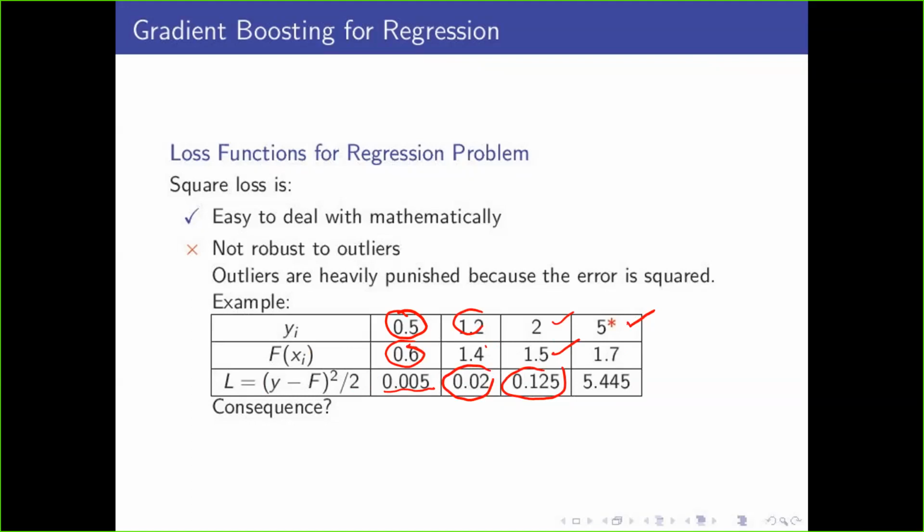One of the characteristics of the squared loss is that the more the prediction deviates, the more penalty it adds. So now it adds a penalty of 5.445.